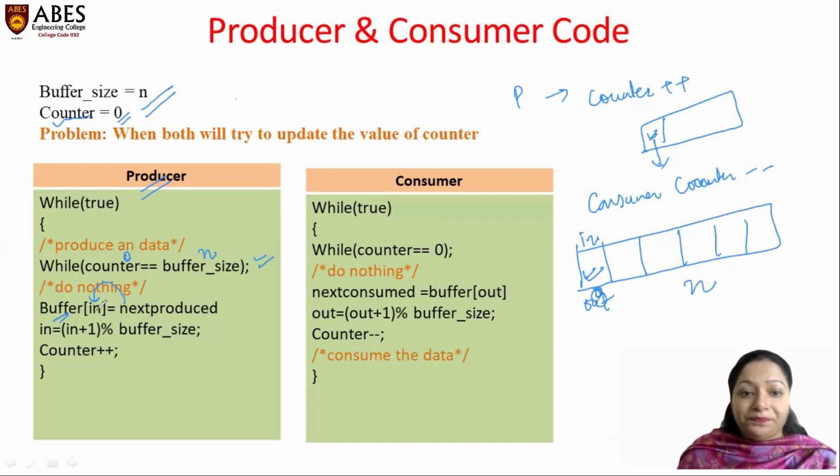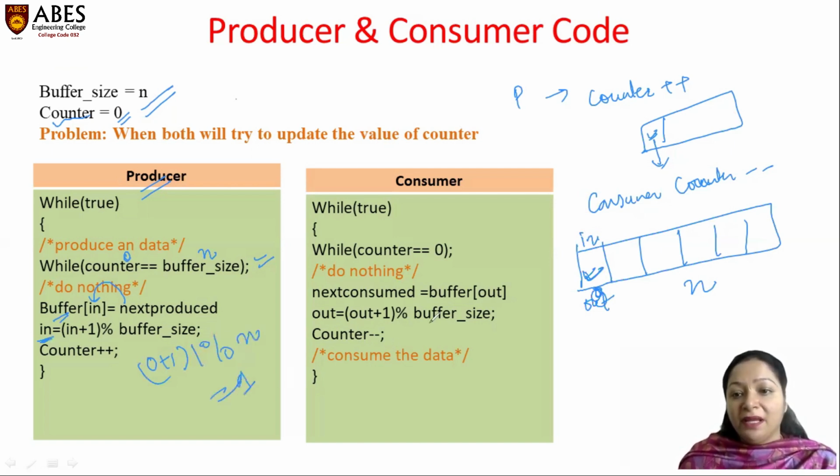The producer will produce an item and place it in the 0th index of the buffer, and it will update in to (in + 1) mod buffer size. So in is 0, 0 plus 1 is 1, mod n, so the answer will be 1.